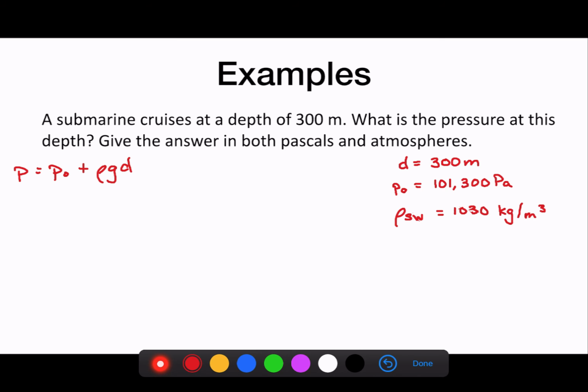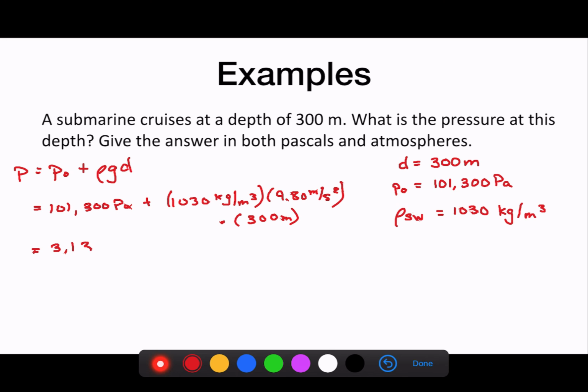We can take these pieces and start to plug them into our equation. So again, the atmospheric pressure in pascals plus the density of the seawater times 9.80 meters per second squared times our depth of 300 meters will give us a result of 3.13 times 10 to the 6 pascals.